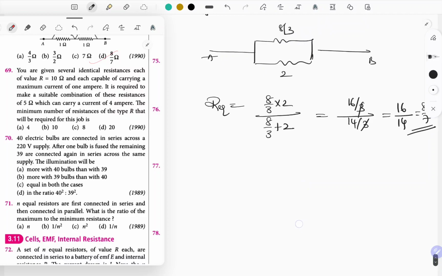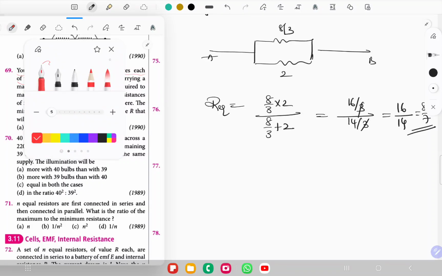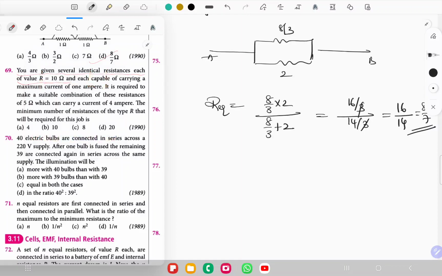Just observe question number 69. You are given several identical resistances, each of value 10 ohm and each capable of carrying 1 ampere of current. It is required to make a suitable combination of these resistors of 5 ohms which can carry a current of 4 amperes.